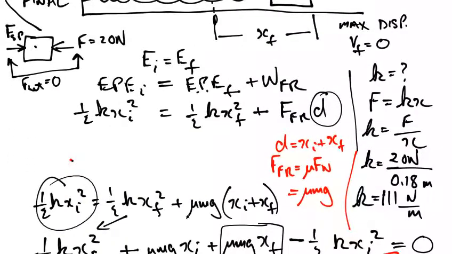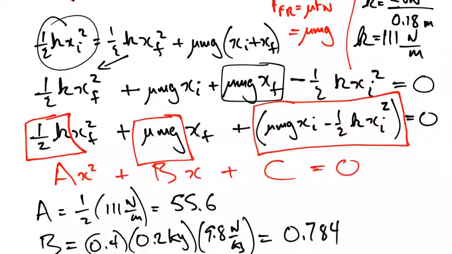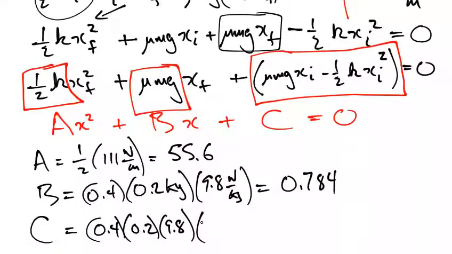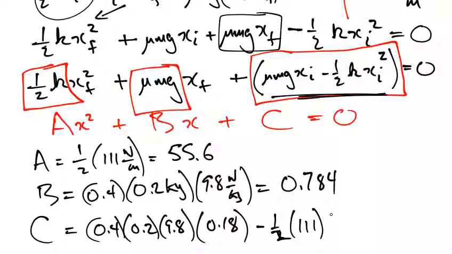Yeah, xi was 0.18. I'm taking this all from here, minus 1/2 times 111 times 0.18 squared.